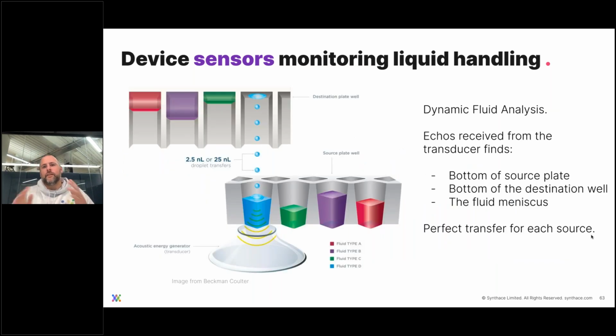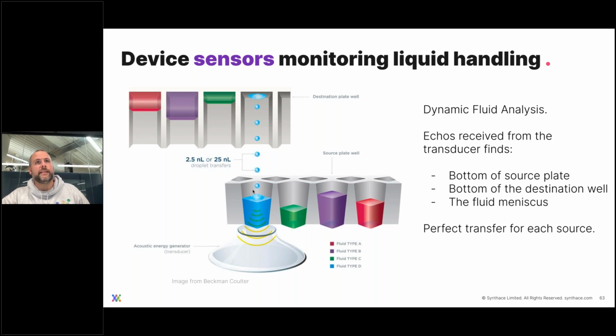And finally, I just wanted to show you something else that I thought was cool. This is from the Echo, and it has the capability called dynamic fluid analysis. This transducer, it's one well to one well, and it uses acoustics to generate these droplets that go up and stick to the plate, and it's 2.5 nanoliters to 25 nanoliters. This transducer can also measure the echoes that come back from this transfer, and it can detect where the bottom of the source and destination plate wells are, as well as where the liquid meniscus is.